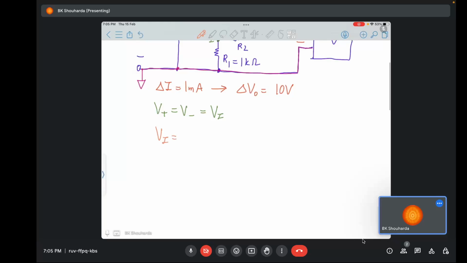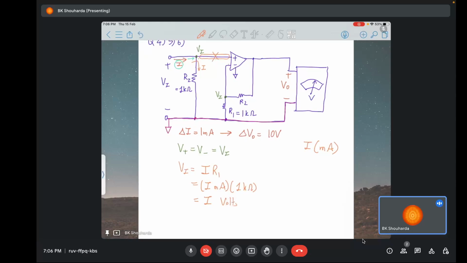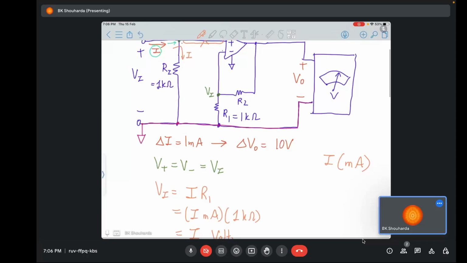Vi will be I times Ri, and let me assume that I has a unit of milliamperes, and since Ri is in kilo ohms, I milliampere times 1 kilo ohm gives me I volts. Alright, so now we have found V plus. Vi is already equal to V plus, and so that's equal to V minus.